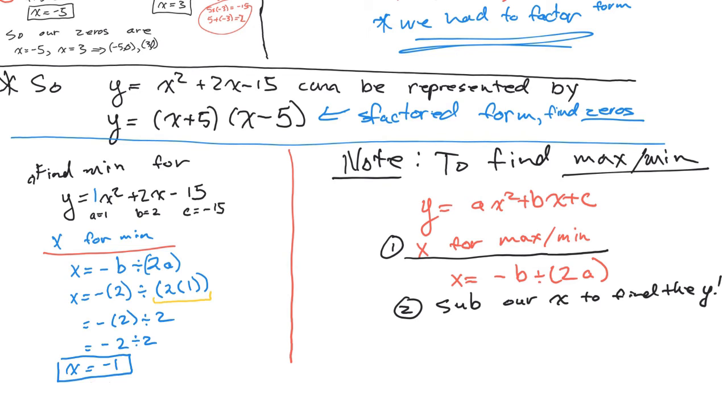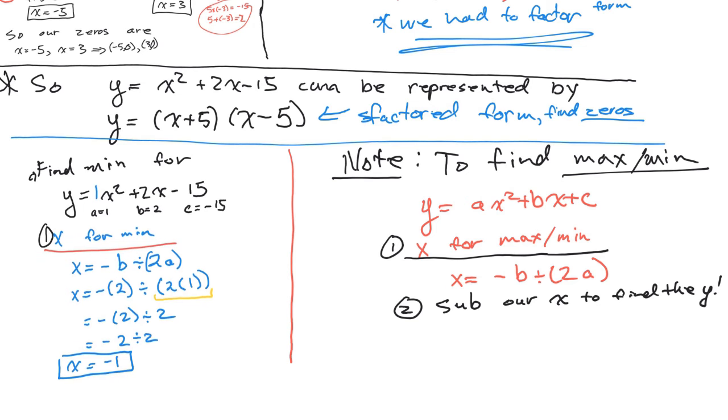So the first thing is done. The x value for our minimum is negative 1. That's what we did for step 1. Step 2 is doing this.